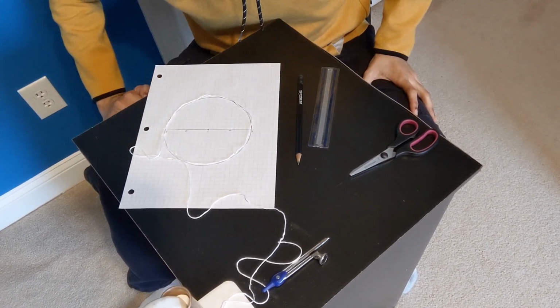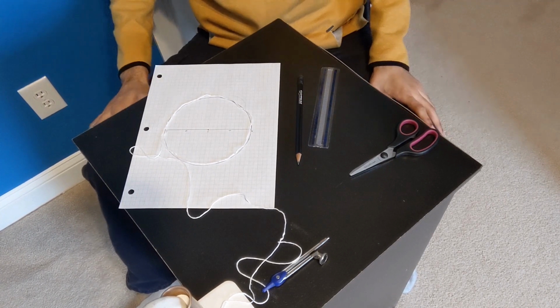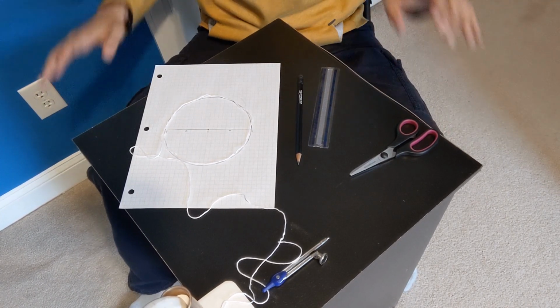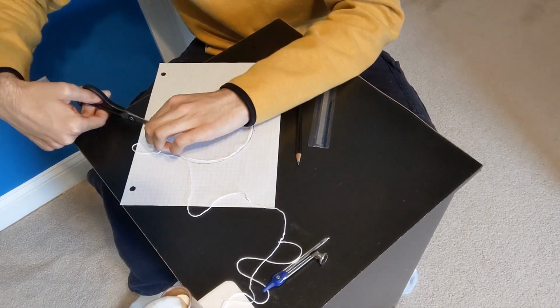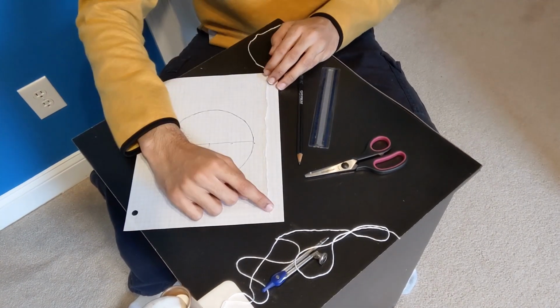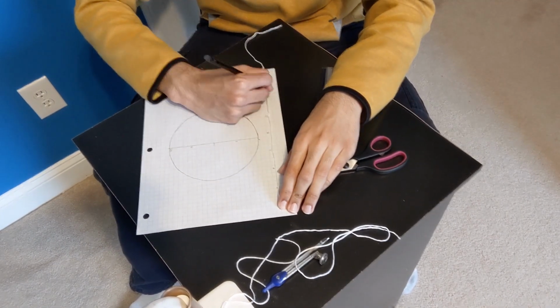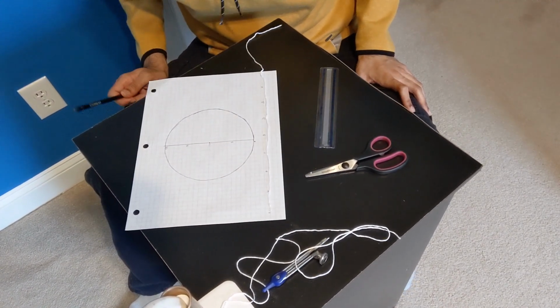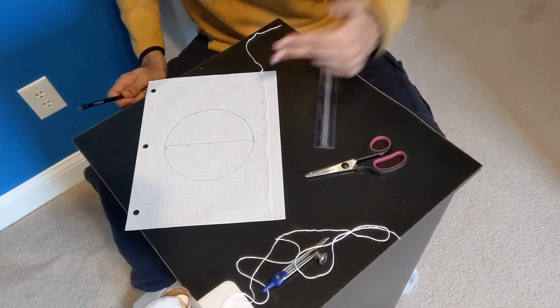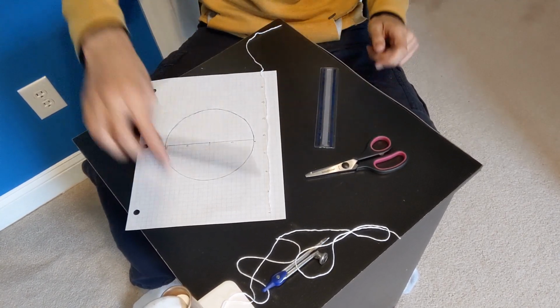So as you can see there, I've laid out the string around the circumference of the circle, and now I'm going to cut it and measure it. Now, as you can see, I've actually run out of room on the graph paper, so I'm going to cut the string and measure the two parts of it separately.